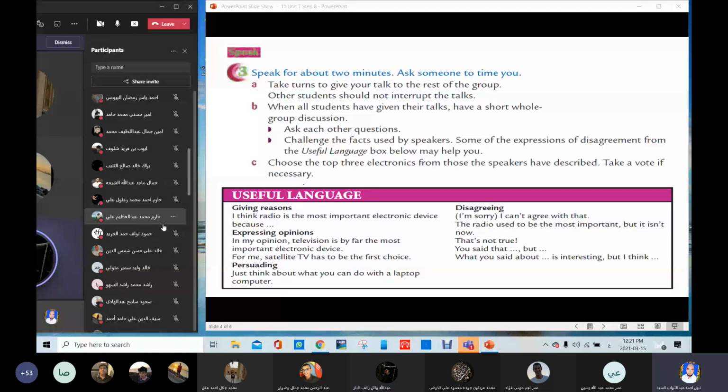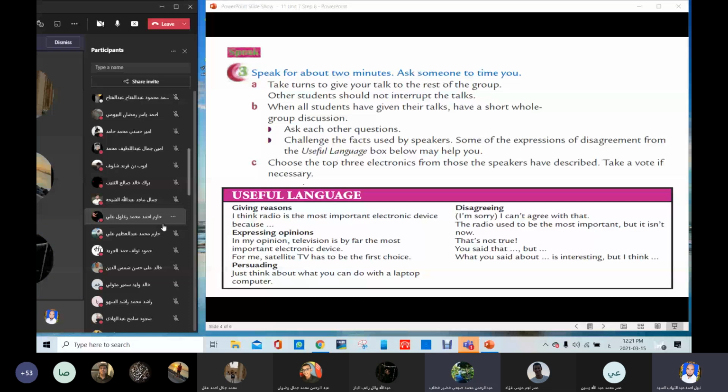Abdurrahman Muhammad Subhi. Abdurrahman, do you think the mobile phone is more important than the laptop, or vice versa? I think the mobile phone is more important than the laptop. Why? Because it helps us in nearly everything.